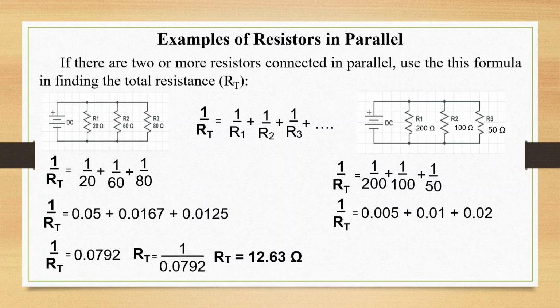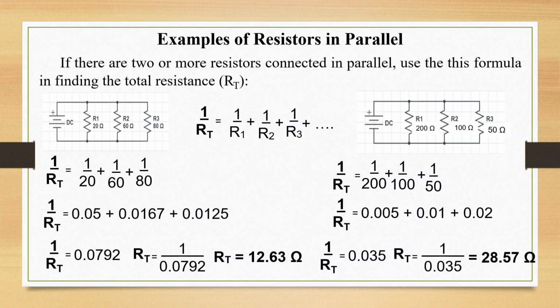Then perform the addition. So 1 over RT is equal to 0.035. And then move the numerator 1 to the other side. That will become RT is equal to 1 divided by 0.035, which is equal to 28.57 ohms. So the total resistance of the circuit is 28.57 ohms.